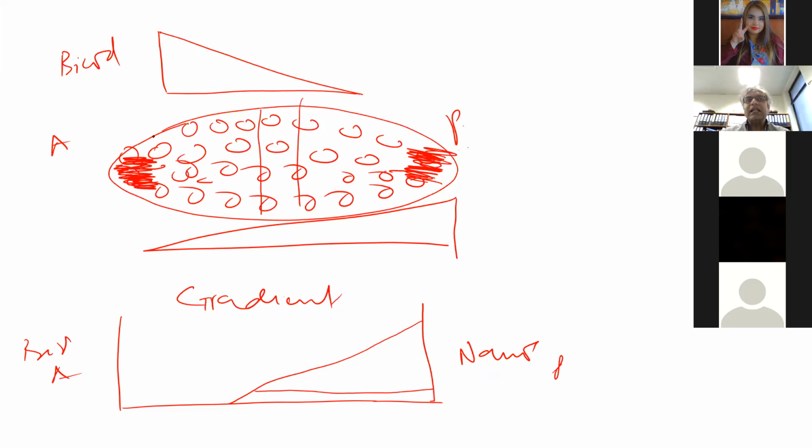And let's say cells here are exposed to this much concentration of bicoid.